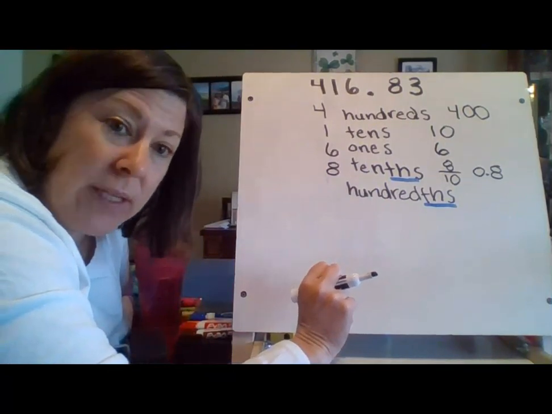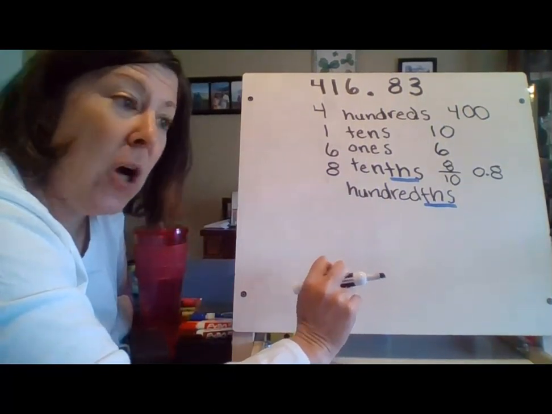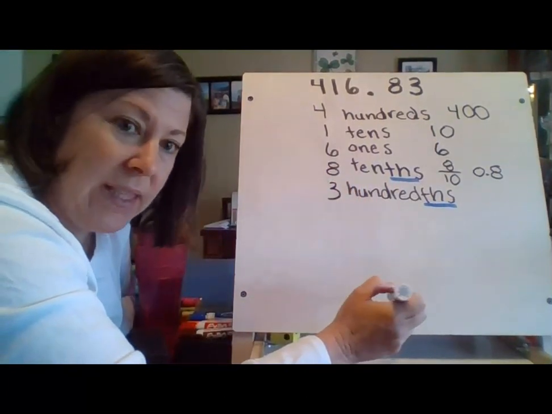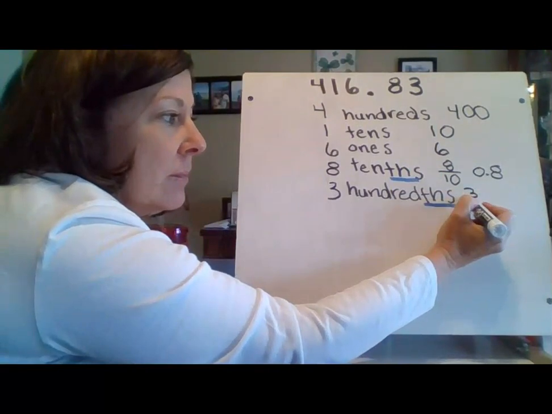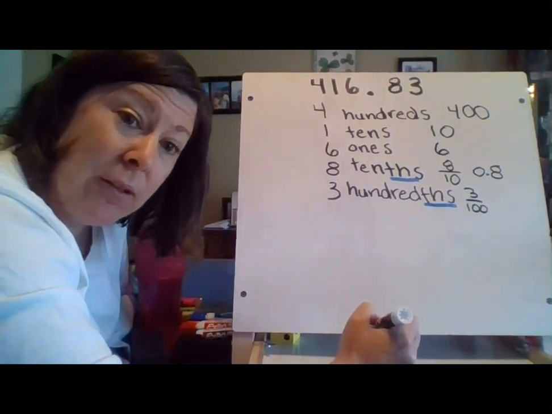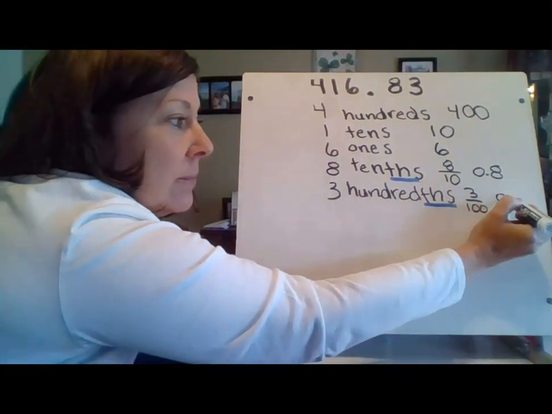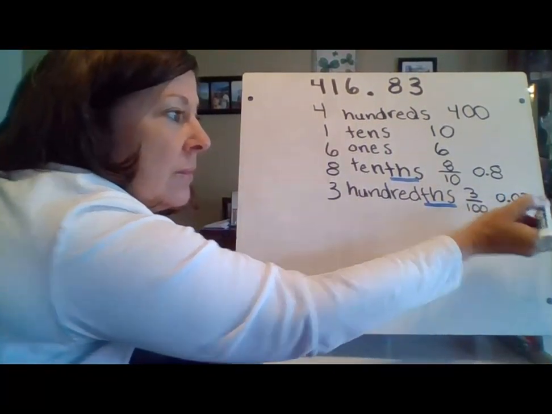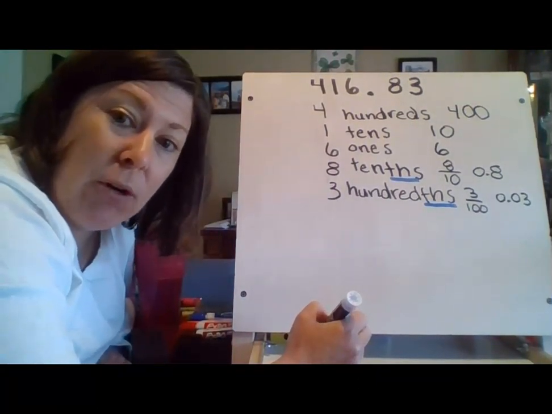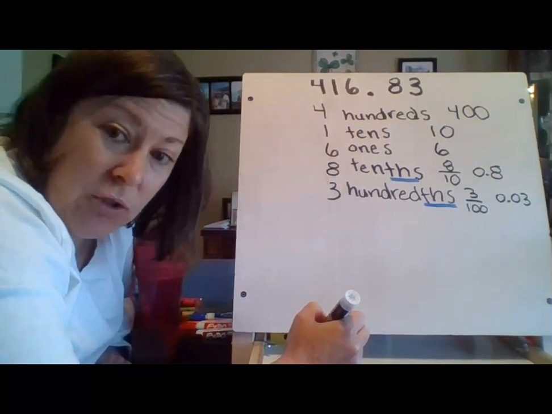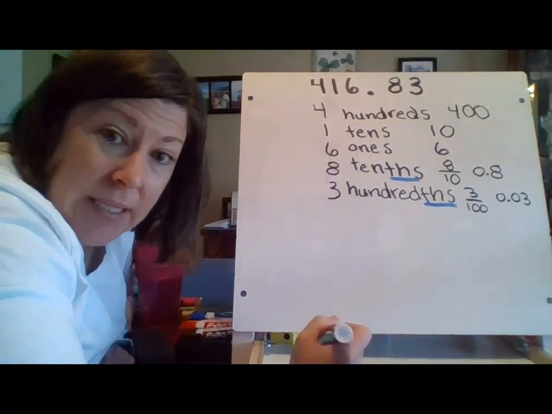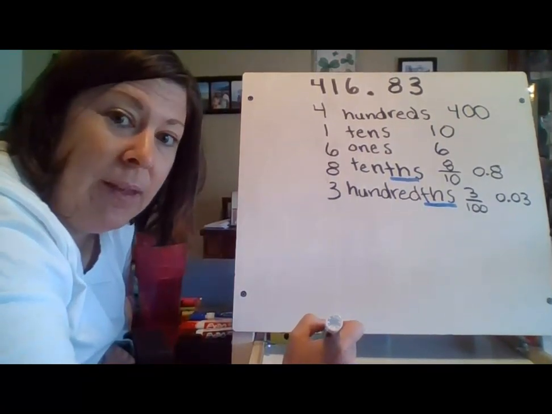Next, I have my hundredths place. Again, parts. 3 hundredths. I can write it as a fraction, 3 hundredths, or I can write it as a decimal, 0.03, 3 hundredths. You're going to do the next place value chart independently and send me a picture.